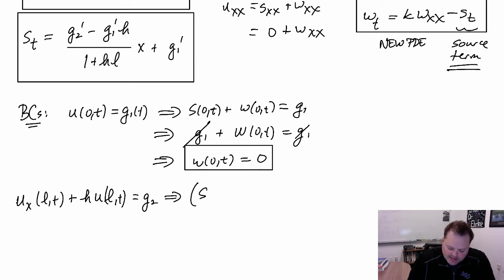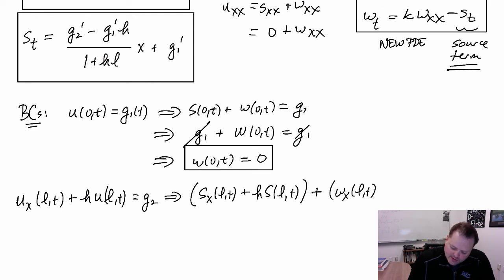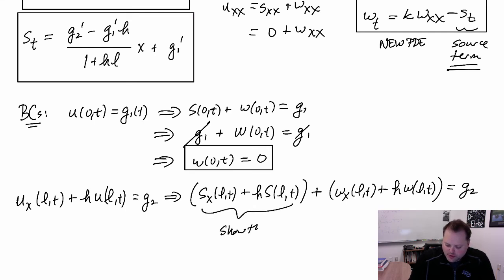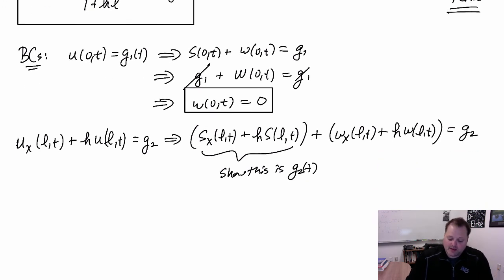So this would be s_x plus h s of L, plus w_x of L,t plus h w of L,t, equals g2. What I have to show is that the s terms are equal to g2, so it'll cancel out. And it's going to take a little bit of effort here.